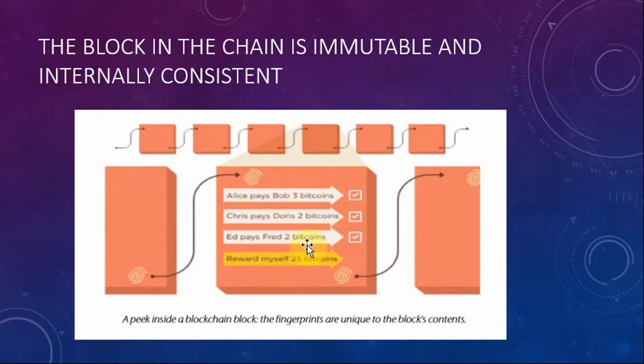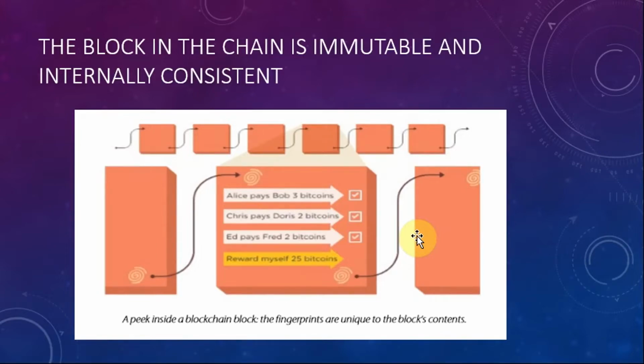Once that fingerprint is generated, the incoming block will have to reference this previous block via the fingerprint. This creates a kind of internal data consistency, and this makes hacking blocks in the blockchain extremely difficult.